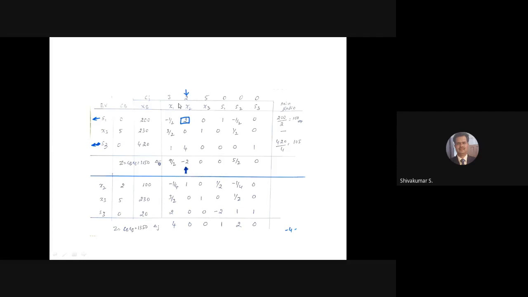Now the coefficients in the Z function: X2 coefficient is 2, X3 coefficient is 5, S3 coefficient is 0. You only write X2, X3, S3, 2, 5, 0. Don't touch other things now. I won't tell you yet.